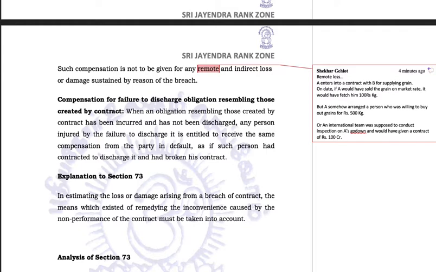So they did not give the contract of 100 crore rupees to A. Now A cannot take back this 100 crore rupees from B, because that is a remote damage, an indirect loss. It has nothing to do with the contract between A and B. A and B's contract is purely for supplying of grains, nothing else.